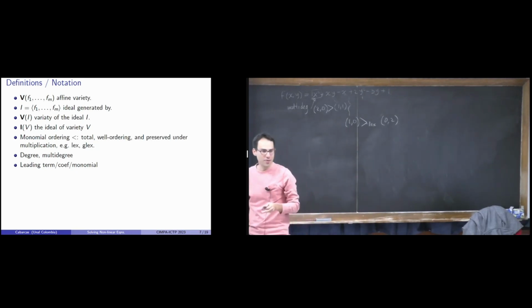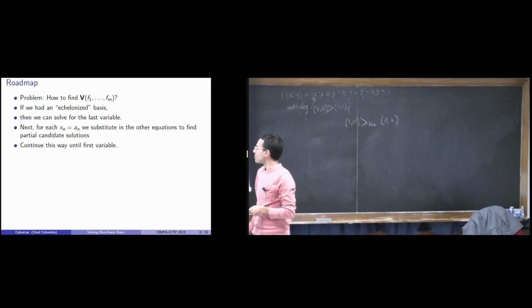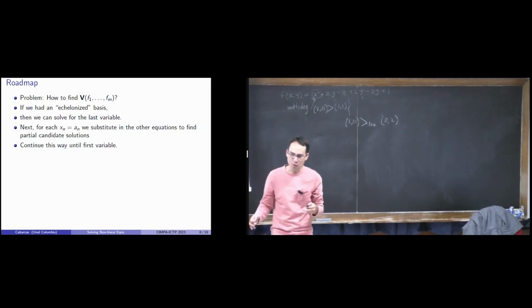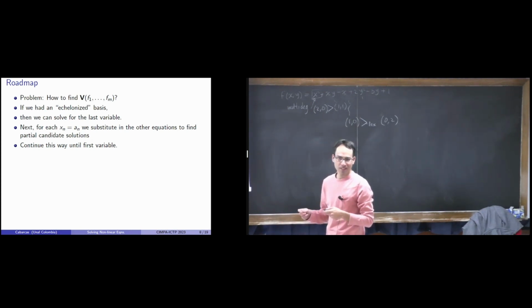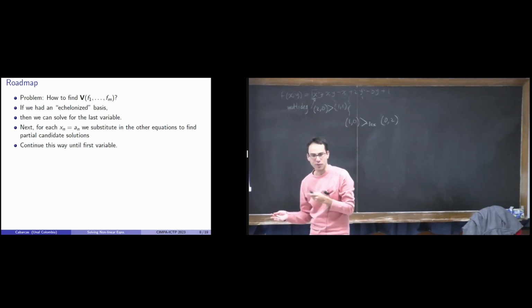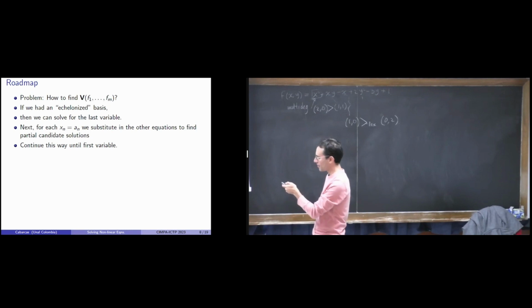That's the language we're going to be talking about. Hope it's enough. So now, what is the roadmap for the example I showed before? What is it that we do? What are the steps? So how to find a variety?